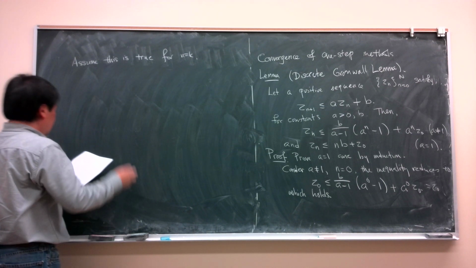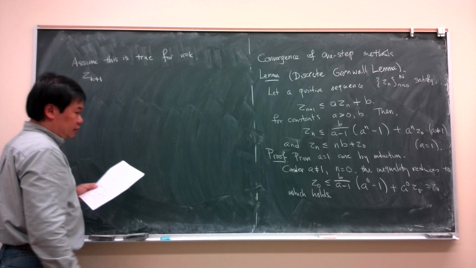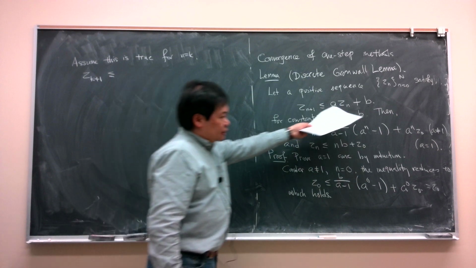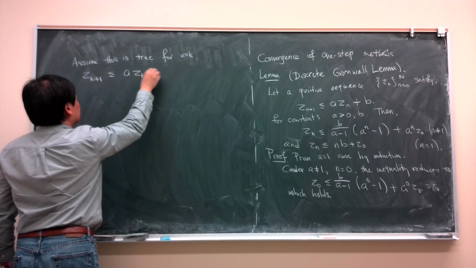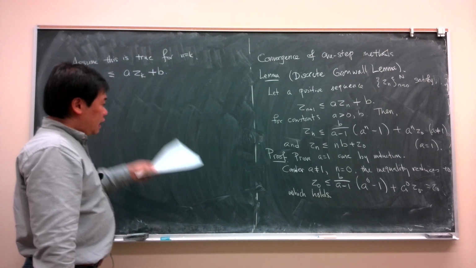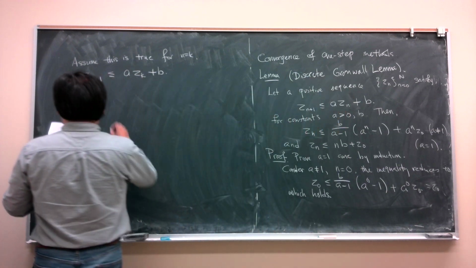So you know that zk plus 1, which is the next step, satisfies this relationship: it is less than or equal to a zk plus b. And we also know that zk satisfies this kind of inequality. So let's just substitute that.